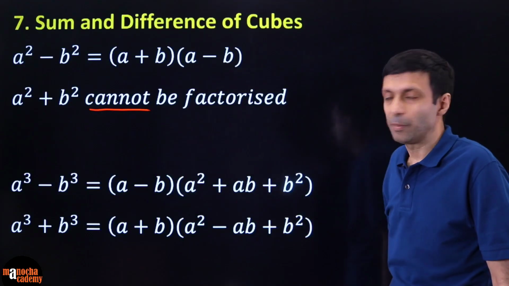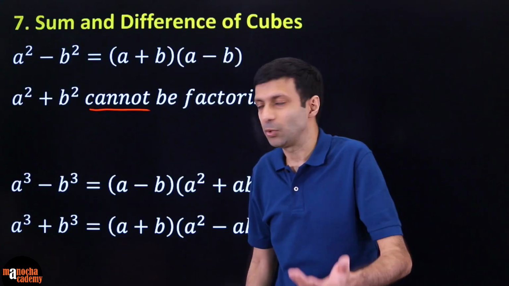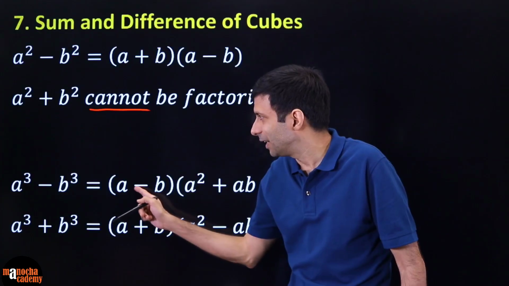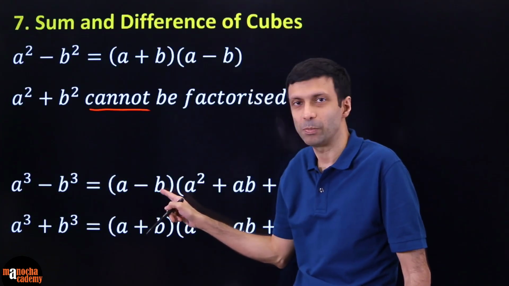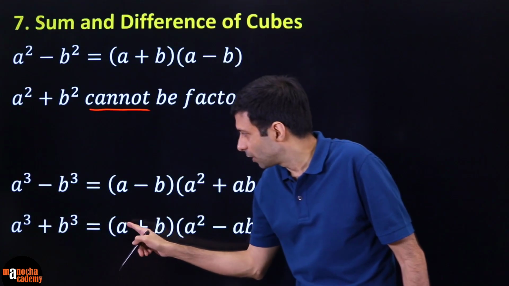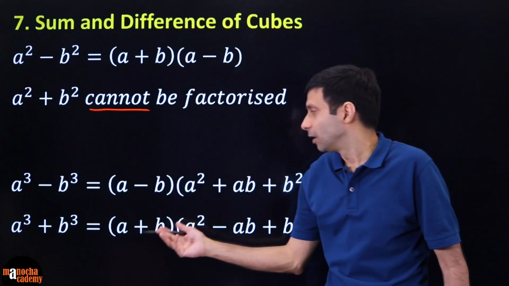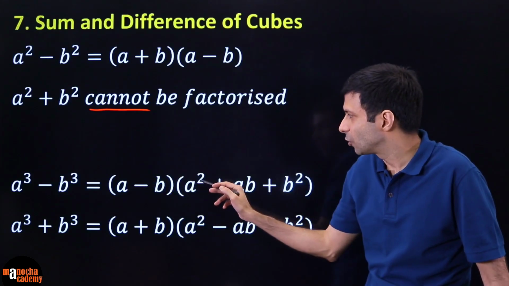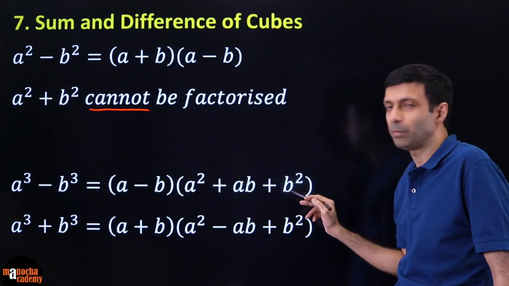Now what is the easy way to remember the cubes? I remember it this way: a cube minus b cube contains a minus b in the first factor, and a cube plus b cube contains a plus b. The next factor contains the opposite sign. There was a minus b here, here is going to be a square plus ab plus b square.